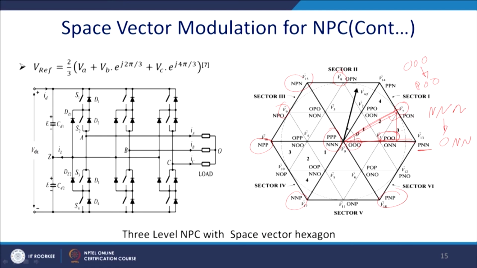If you want to generate the voltage vector 7, this is a half angle vector, this angle is 30 degrees. So, PON is the only option, but if you want to apply the half vectors, for example here, you can choose PPO and OON.